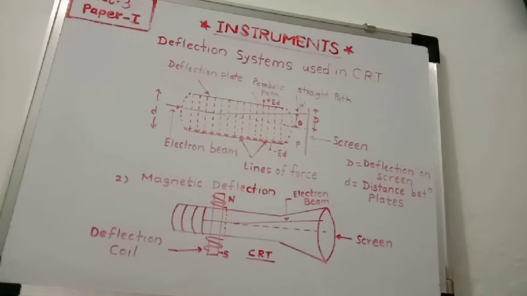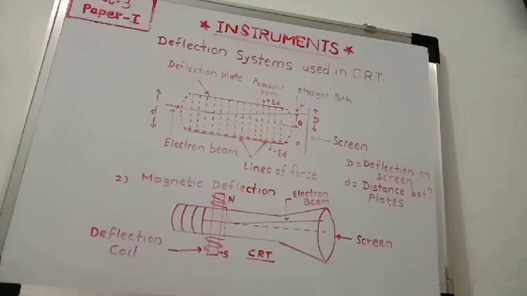Two pairs of deflection coils are used: the first pair is a vertical deflection coil and the second pair is a horizontal deflection coil. Such a type of CRT, that is the magnetic type, is used in TV receivers and in radar systems.